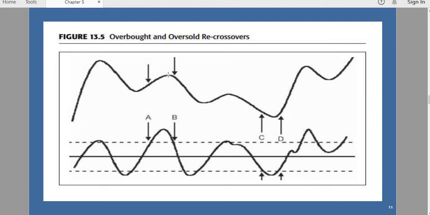When the price starts to decrease at this point, you may ask, is it a correction or what should I do? Should I sell? In this situation, you see this point.